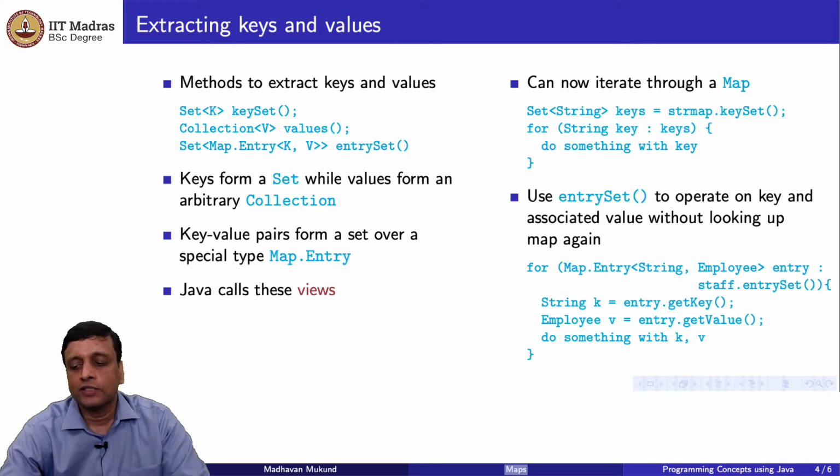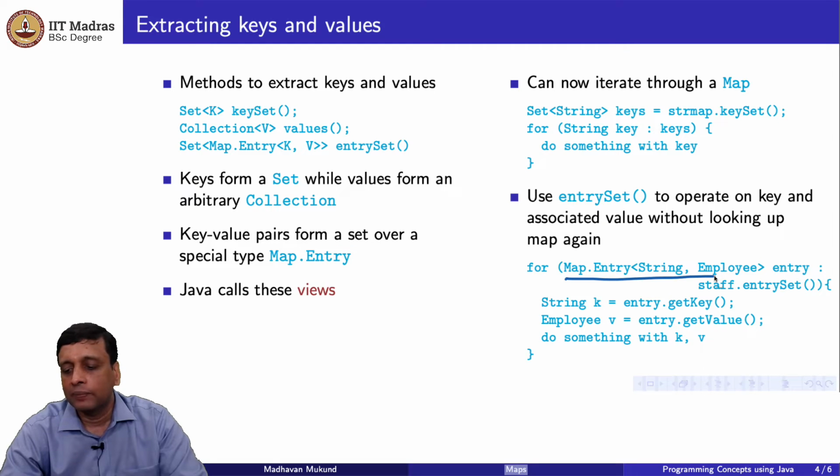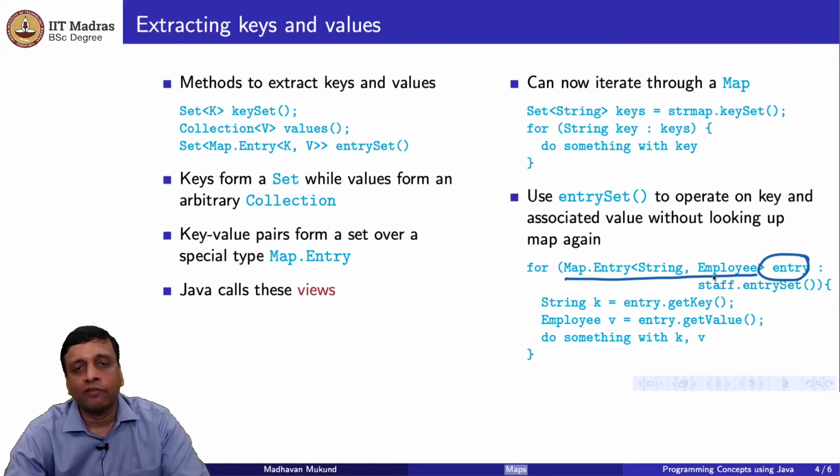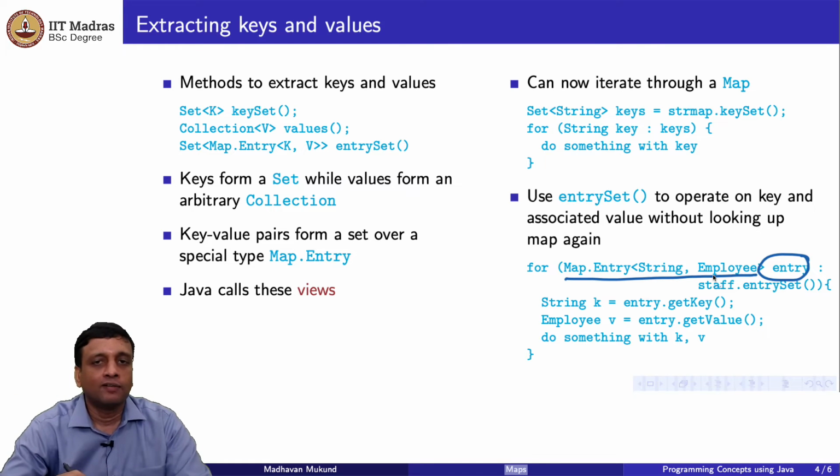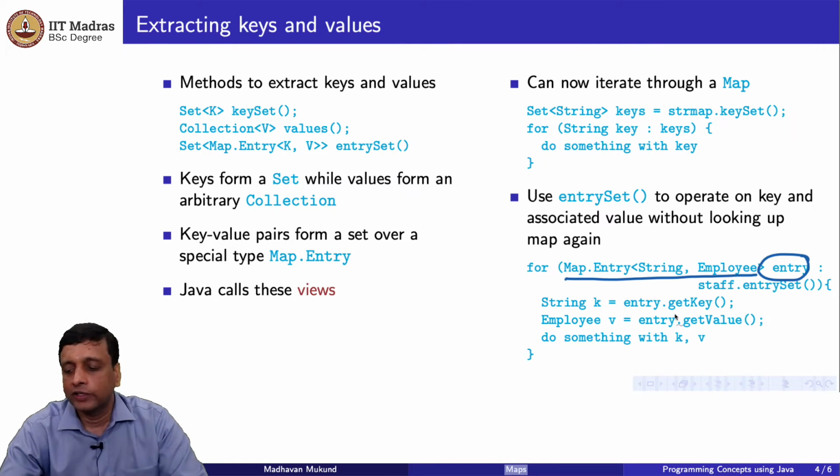So for instance, if you take entry set, you can again run the for loop, but now the for loop variable will be this mysterious thing. It will be something of type map entry with the key type and the value type. So this variable entry which runs through the key value pairs will have this type. And I need to extract from it the two parts, right? The projection, like a normal pair, where you want the zeroth component and the first component, is obtained in this case by get key and get value.